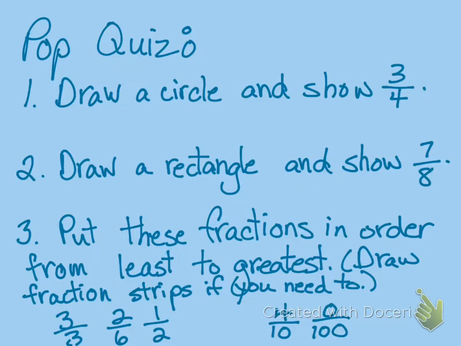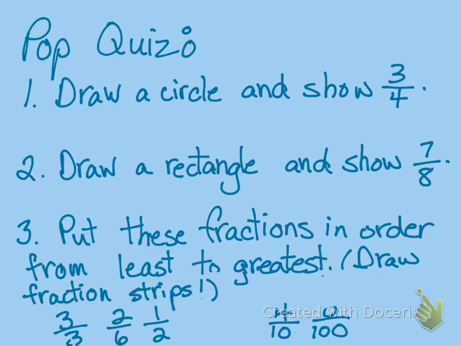Okay, put these fractions in order from least to greatest. Draw fraction strips if you need to, and I am going to change that to draw fraction strips. Like you don't have a choice about it, okay? Because you have to.